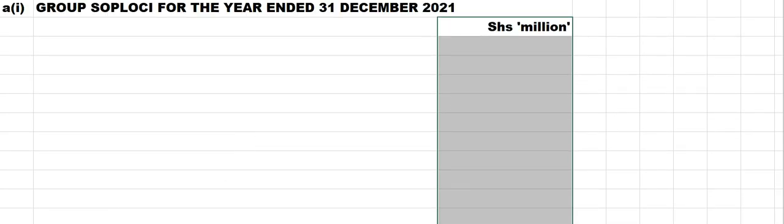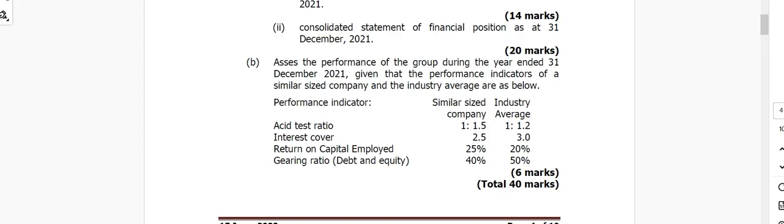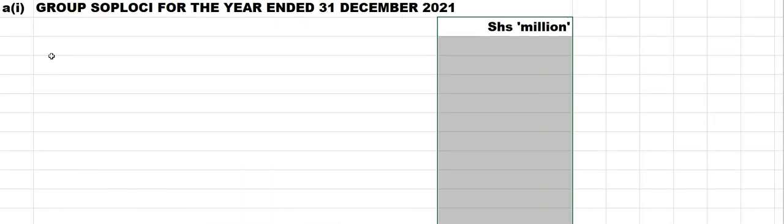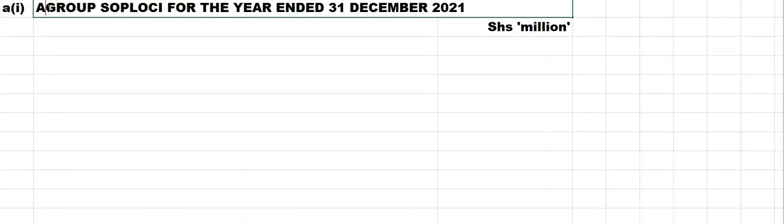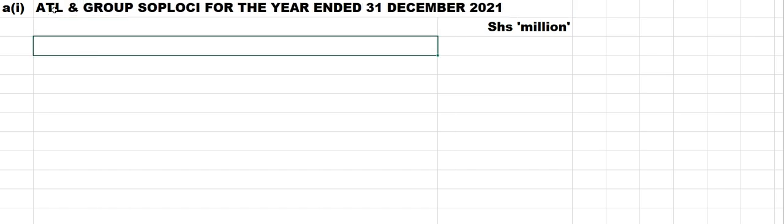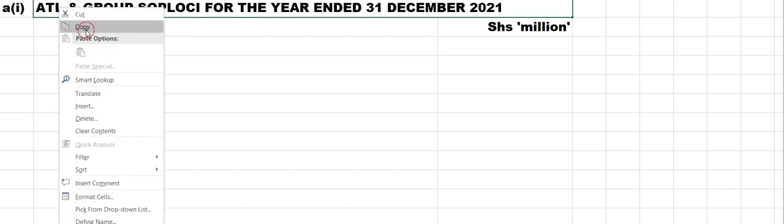Then we also need the statement of financial position. This is A, Roman 2, my second page. We can call this ATL and group.